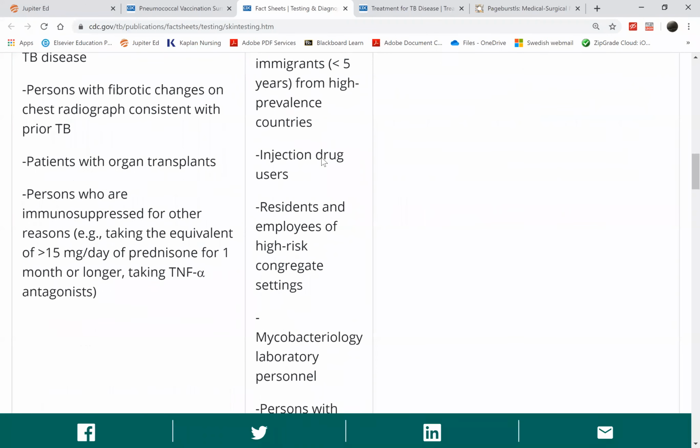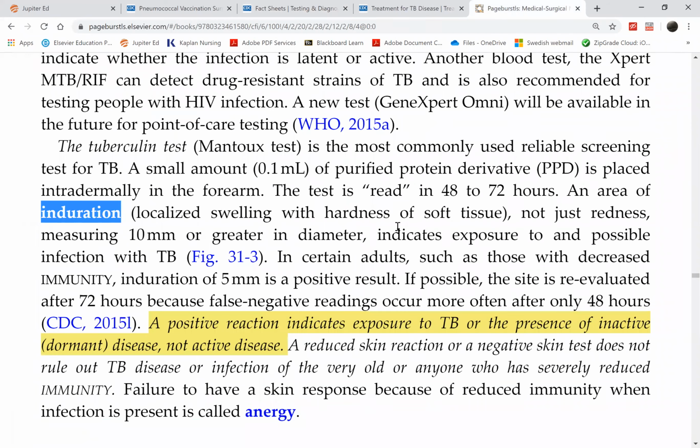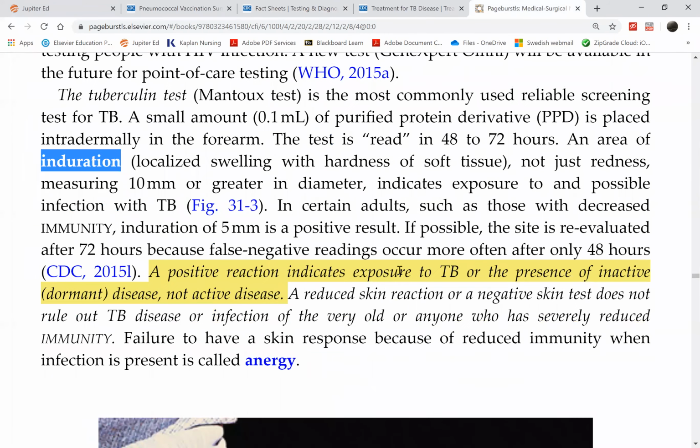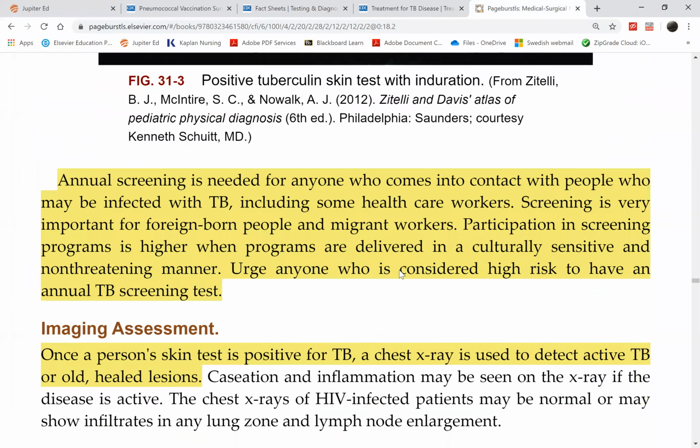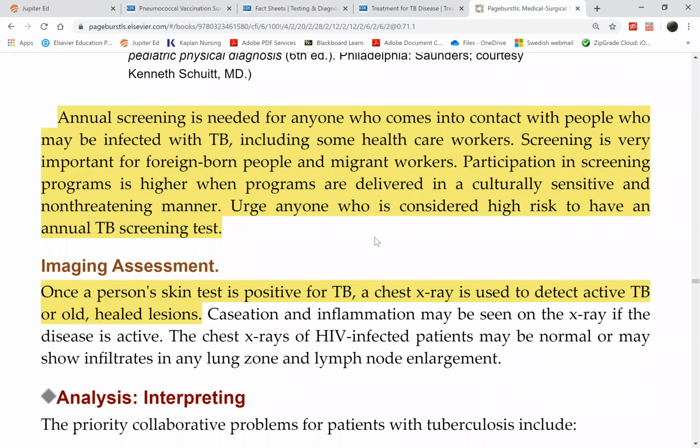All right, let's proceed. So that's for PPD interpretation. And please read the rest here about who needs to be screened. Of course, any one of us here, because we're healthcare workers, we need annual screening. For me, for example, because I already know I'm positive because I had latent TB, I've been treated for it.